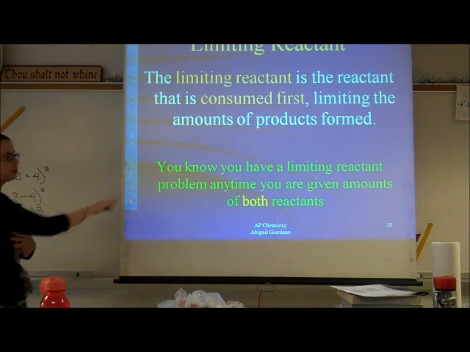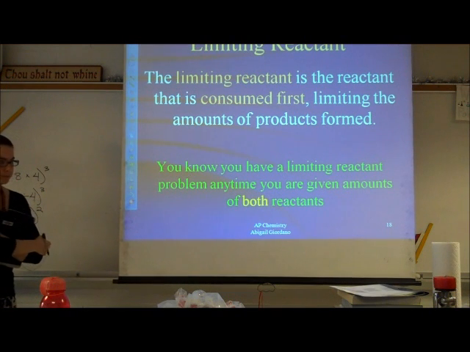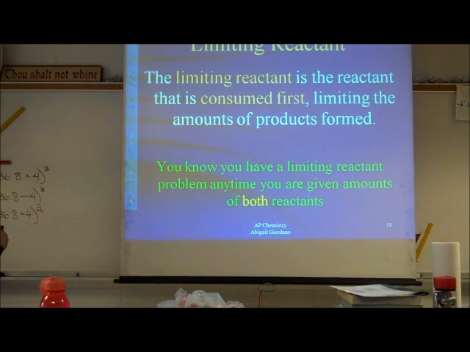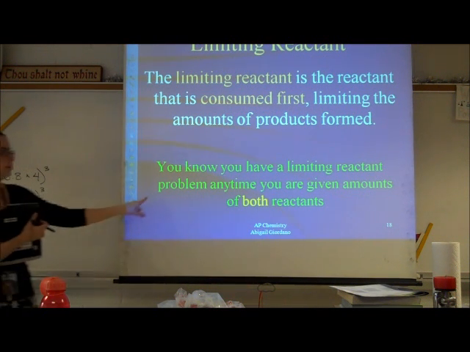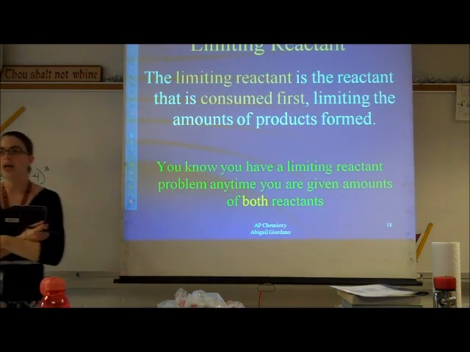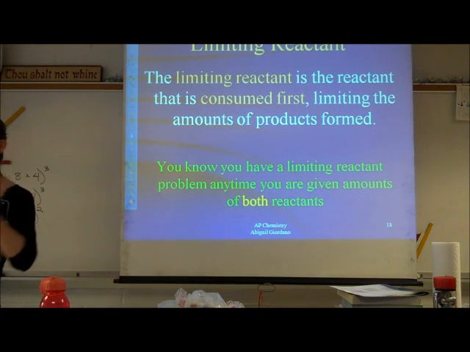Okay? And I've put this statement in green because a limiting reactant problem, a calculation, differs from the ones that we did on the previous slide because a limiting reactant problem will not give you just one starting amount.